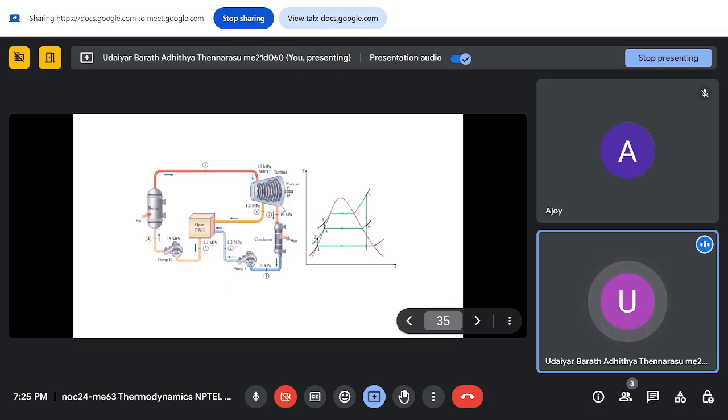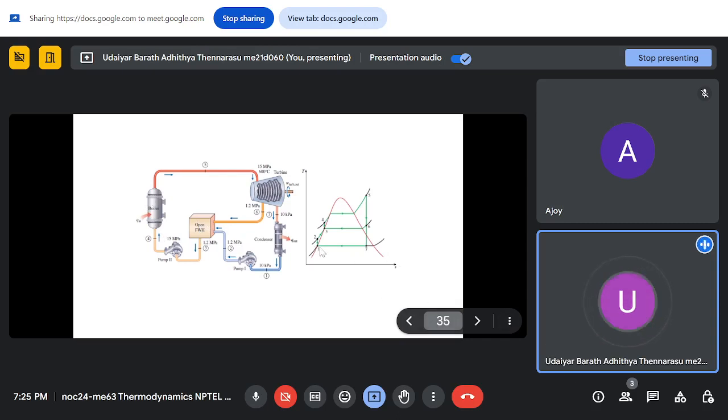So your turbine exit goes to the condenser, you reject heat, and then you pump it. Before going to the boiler, you mix it with the fluid bled off from the turbine. This will increase the enthalpy. It's just like heat addition, and then you pump it again to the boiler.